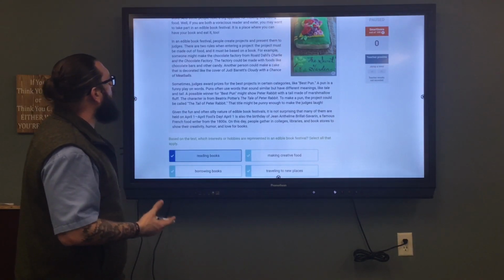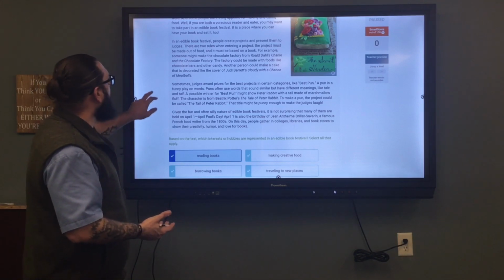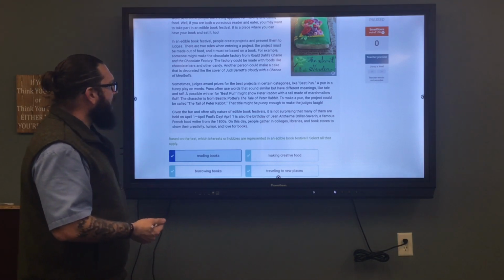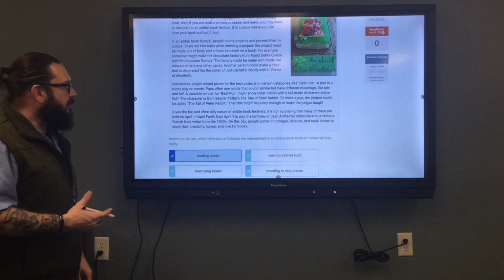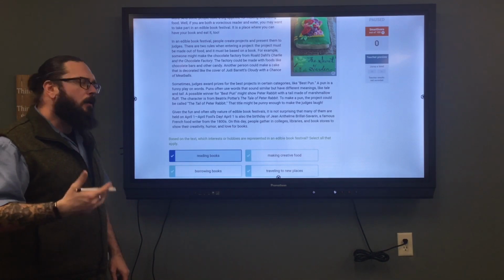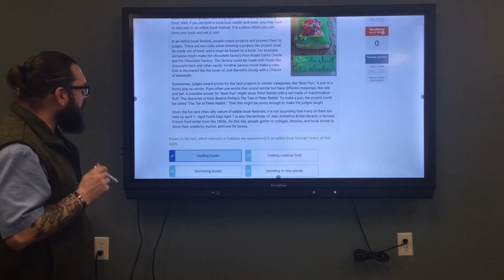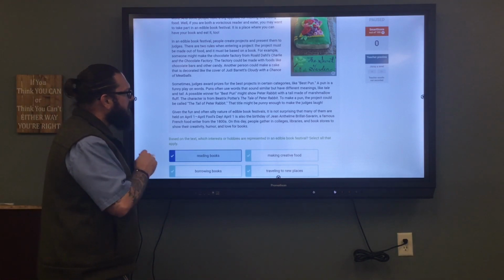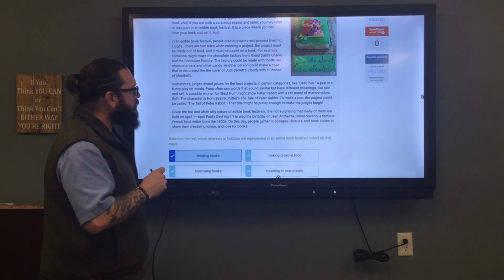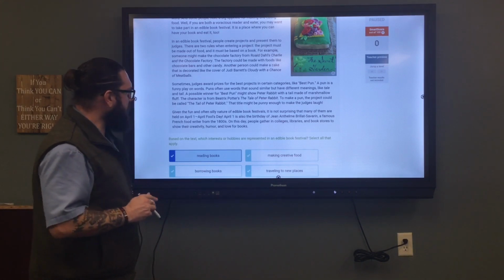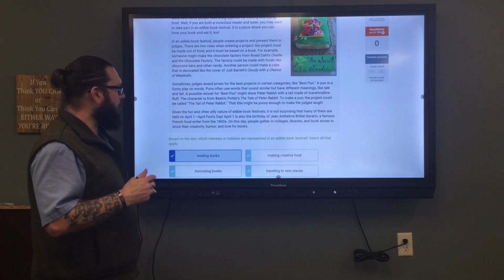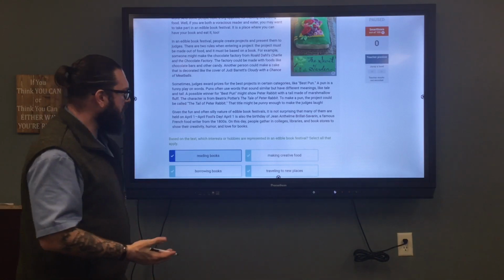Next is borrowing books. When we look through the passage, there's not really a mention of borrowing books other than it says in the very last sentence, on this day people gather in colleges, libraries, and bookstores to show their creativity, humor, and love for books.